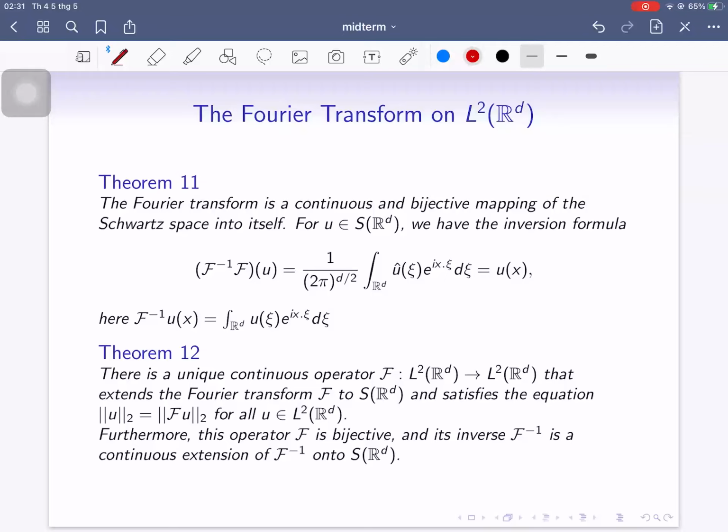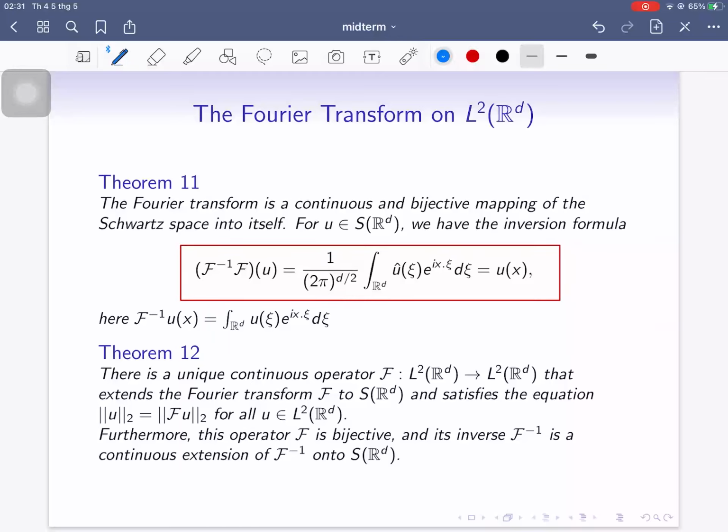For u belonging to S to the power of d, we have the inversion formula over here.